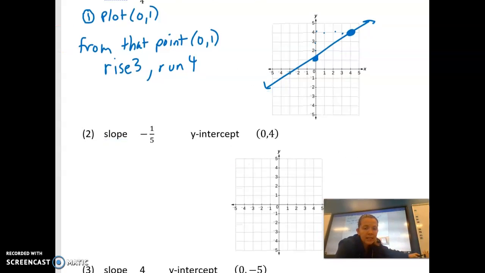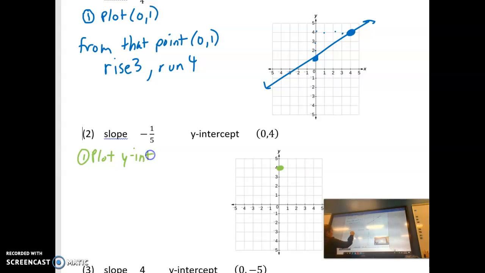In the second example, we have a slope of -1/5 and a y-intercept of (0, 4). So (0, 4) is right here. That's your y-intercept. So again, plot your y-intercept. And then from the y-intercept, we are going to rise -1 and run 5.